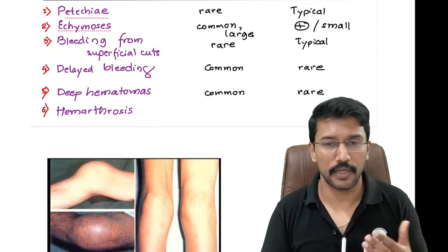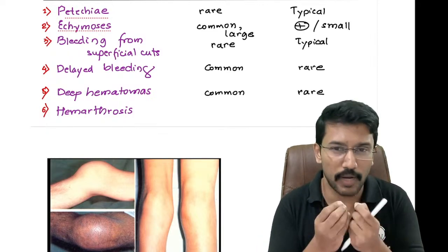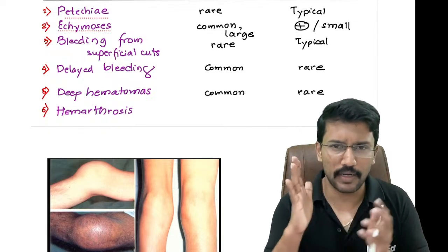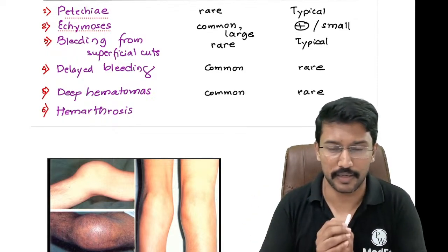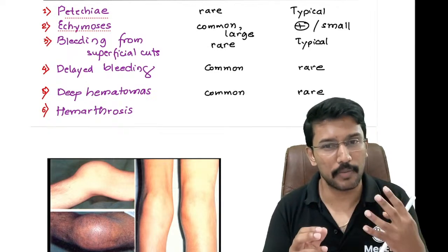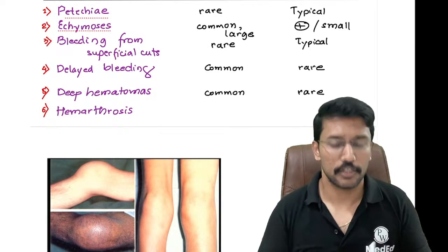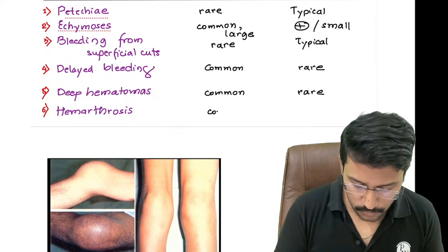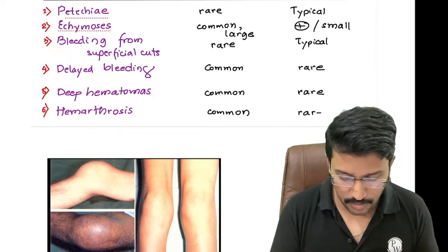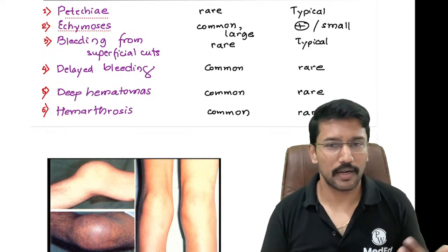But if I have hemophilia and my joint sustains a minor trauma, some amount of bleeding might happen, but that will be quickly patched up by the platelets as long as they are fine. If I don't reinforce that platelet plug with the fibrin mesh, then I will start bleeding into the joint. So hemarthrosis is very common in patients with coagulation disorders and rare in patients with platelet disorders.